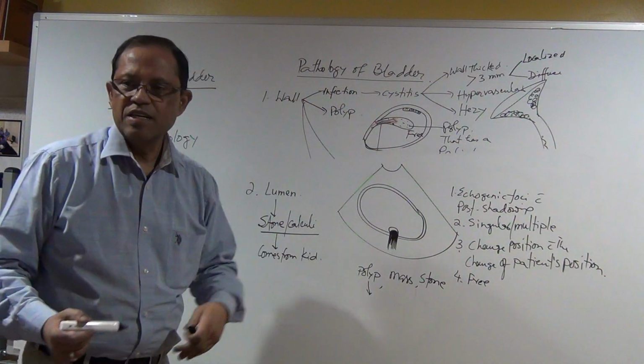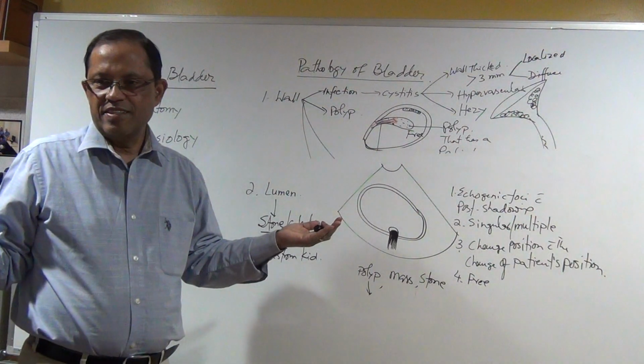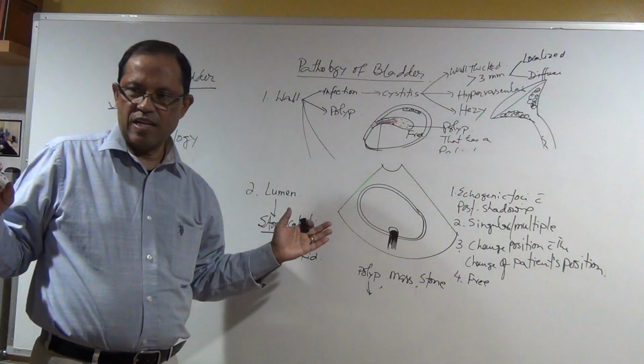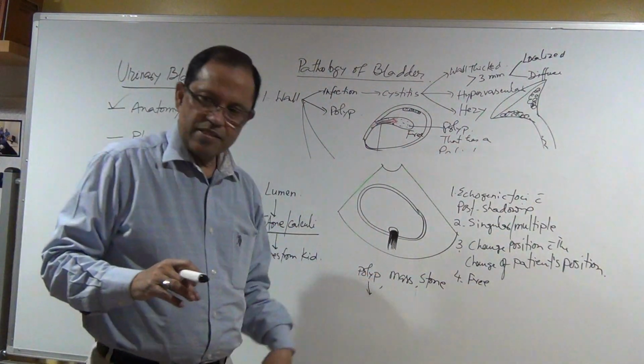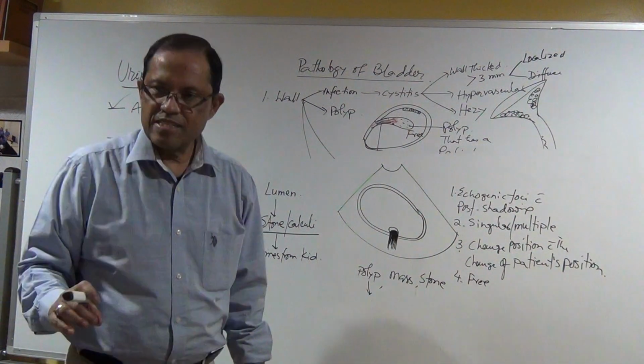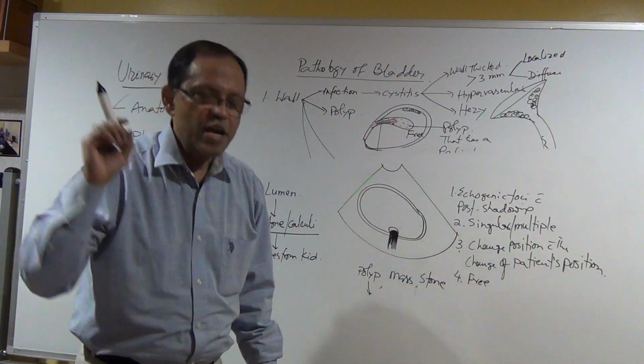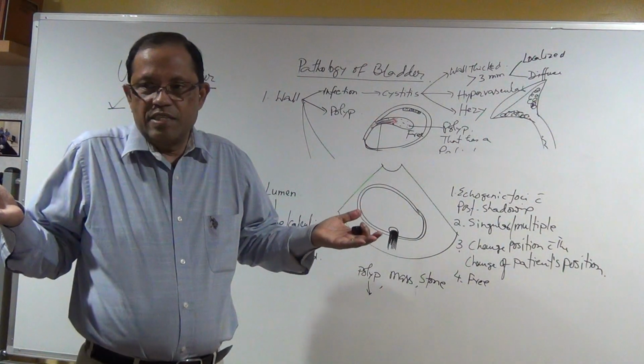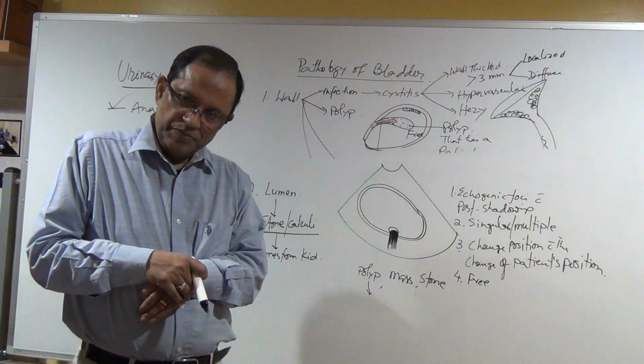Click the color, feeding arteries. And it is one end free, another end attached with the wall. Then mass: also attached, irregular border, heterogeneous with necrosis, and you might see blood clot inside.